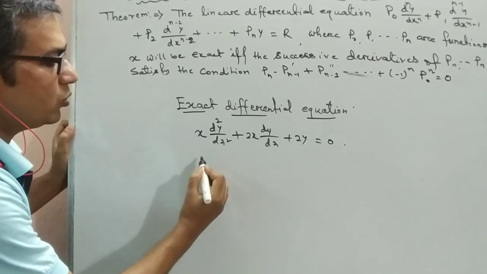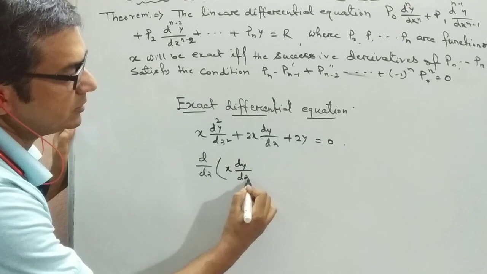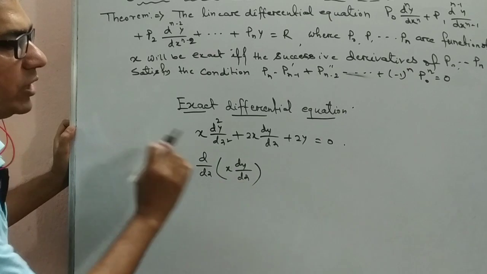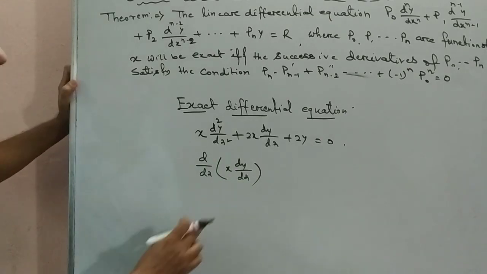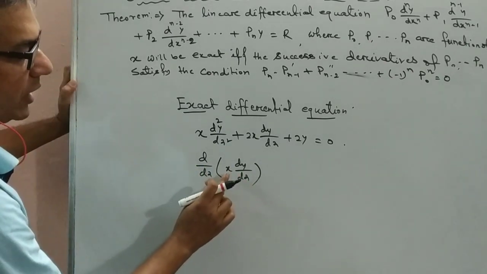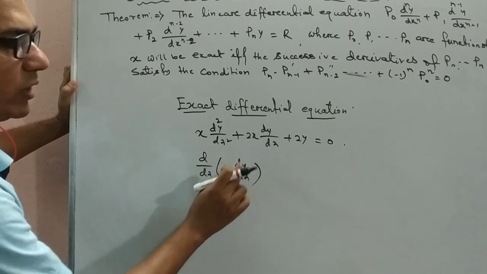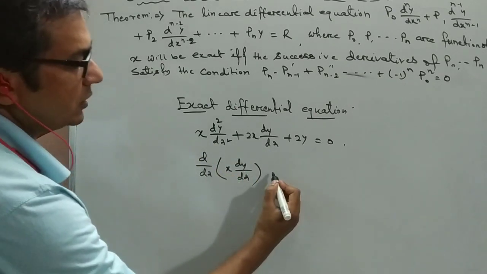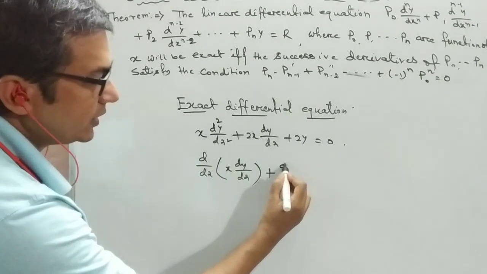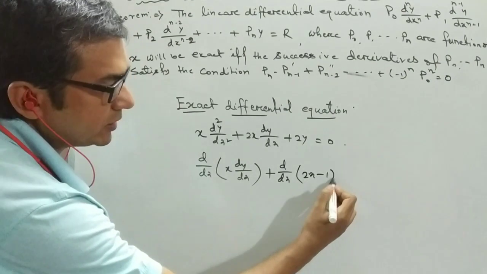Now we can write this as x d2y by dx2 plus dy by dx plus d by dx of (2x minus 1) into y.